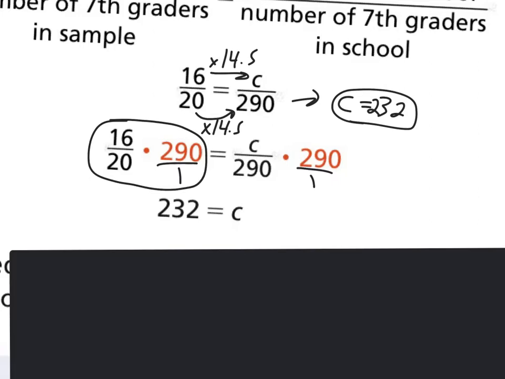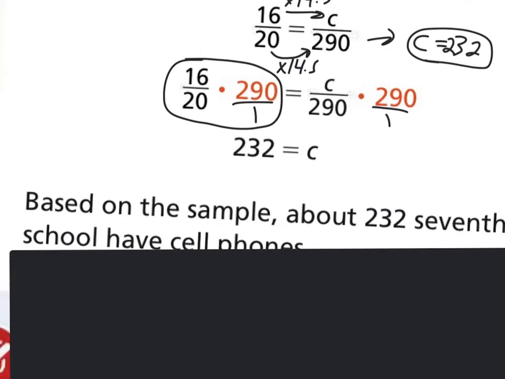The book kind of skipped over that step, but if you did it this way, you'd have 16 times 290 is 4,640 over 20. And then if you divide that out, you should get 232. So once you have the proportions set up, there are maybe different ways of working that out.